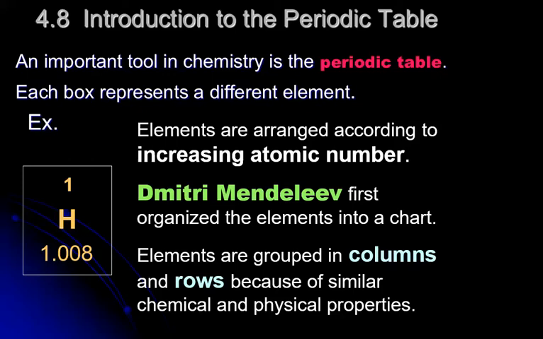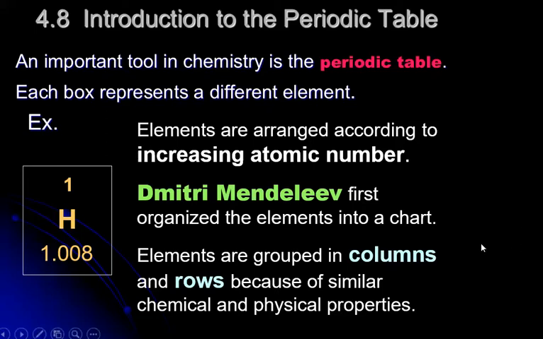And there were holes in the chart because at that time there were many elements that had not been discovered, but he was able to accurately predict what certain properties would be of those elements that were not discovered yet, just based on the properties of the surrounding elements of where those holes were in the periodic table. It's kind of a neat thing.